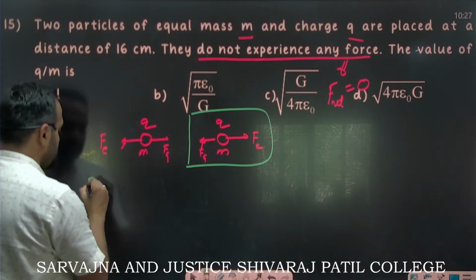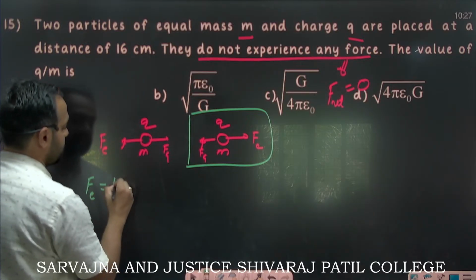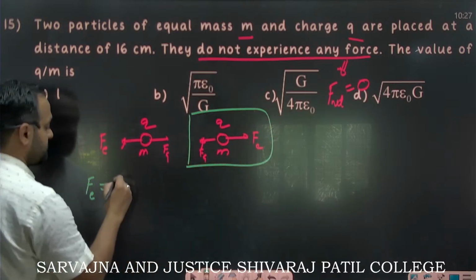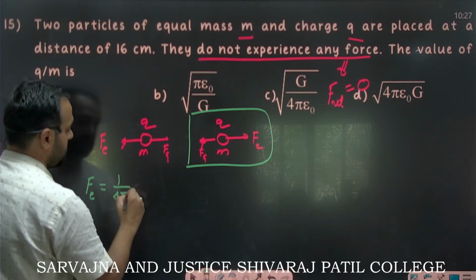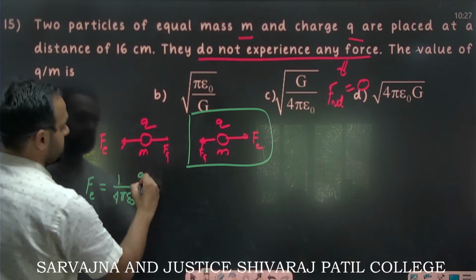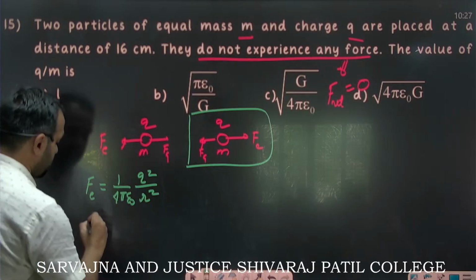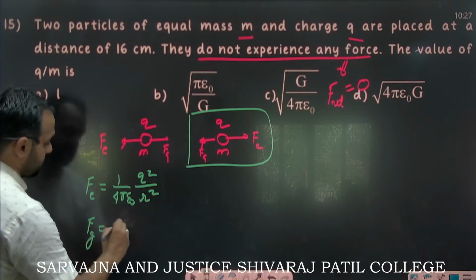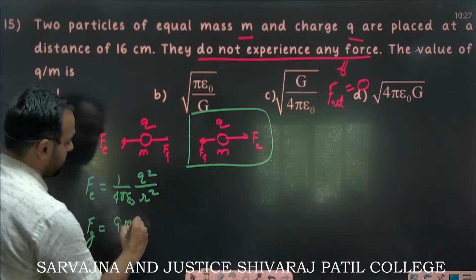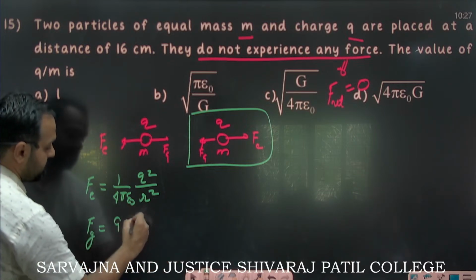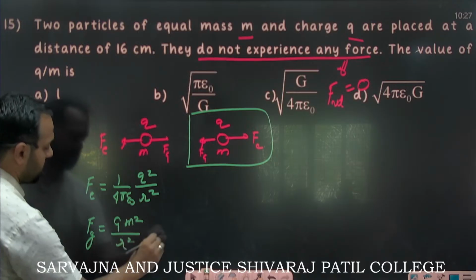What is the value of electrostatic force? The value of electrostatic force is simply 1 by 4 pi epsilon naught into q square by r square. And how do we write gravitational force? Gravitational force is G m1 m2, both have the same mass, so this will become m square divided by r square.